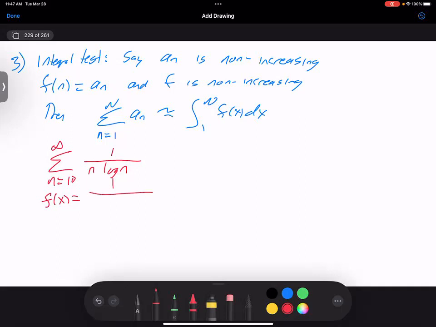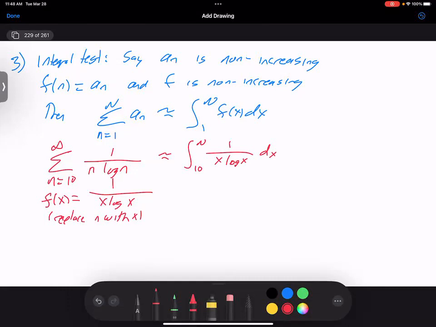Yeah, the rule is basically replace n with x. That's how you find the function. So this is approximately the integral from 10 to n of 1 over x log of x dx. So we have to figure out how to do this integral.